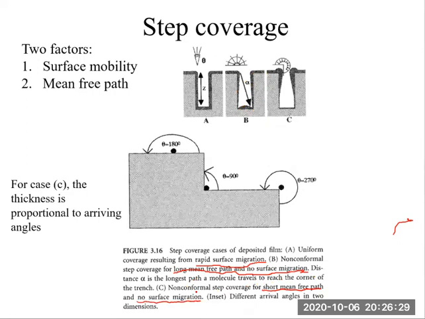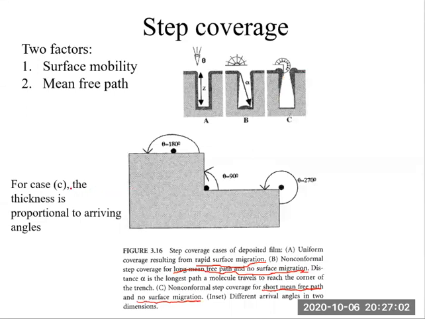So if we have short mean free path and no surface migration, we will end up with this kind of profile, the thickness distribution. Let's say a few more words about case C. So let me explain why we end up with this kind of thickness distribution.